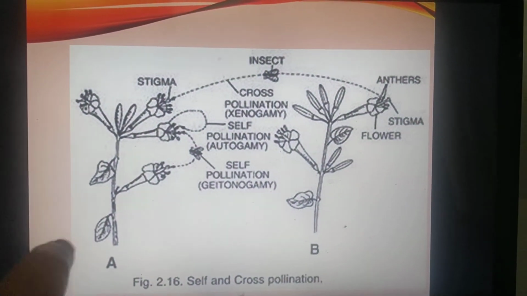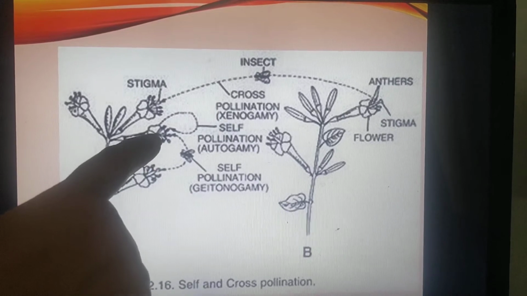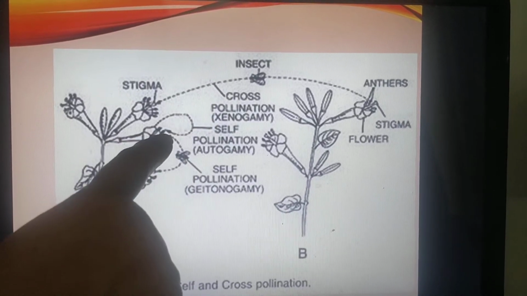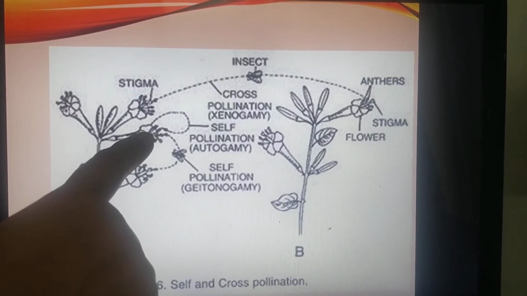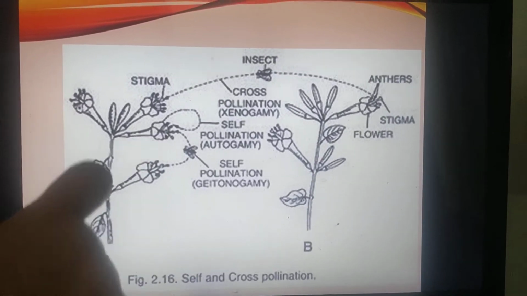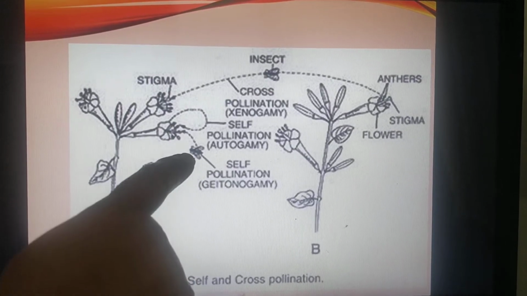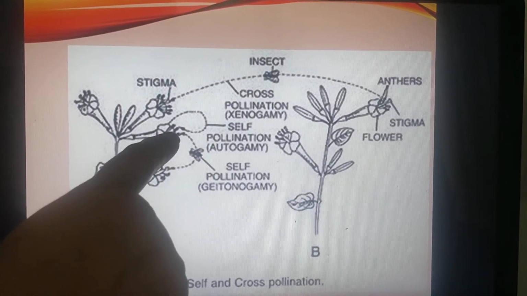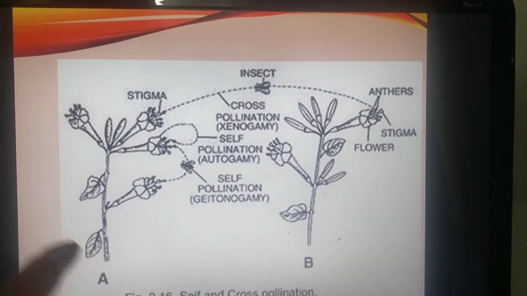So here you can easily see that this is autogamy. Within the same flower, the pollen grains are transferred to the stigma. So this is self-pollination, autogamy. Then here it is geitonogamy. Here the pollens are transferred from one flower to another flower, but the plant is the same.